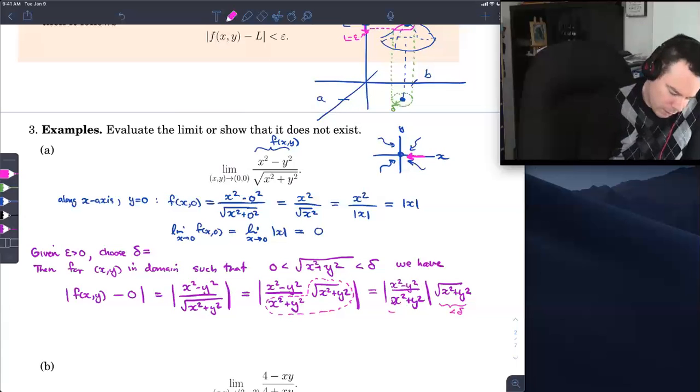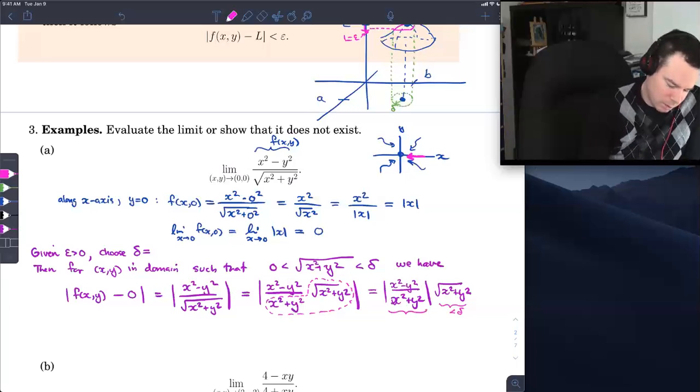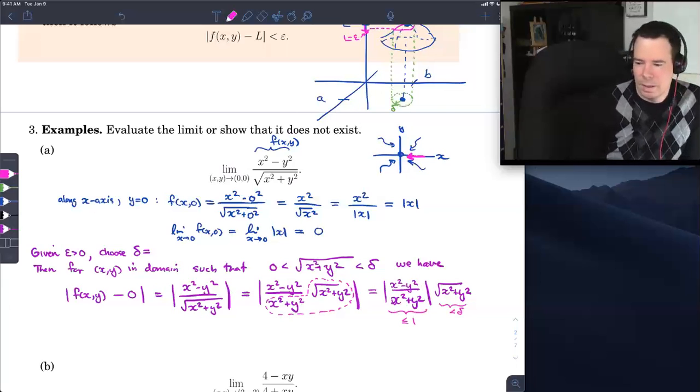But I also have it set up so that I can see that this thing can't be any bigger than 1 because it's x squared minus y squared over x squared plus y squared. So the denominator is bigger than the numerator. And since the denominator is bigger than the numerator, this has to be at most 1.